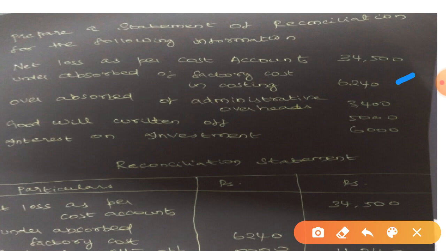So in this situation, when we are getting a lesser amount, basically we are at a loss. But if you keenly look into the information given to us, it is net loss. So whatever are your losses and expenditures, you will add them up, and whatever are your incomes and gains, you will deduct.